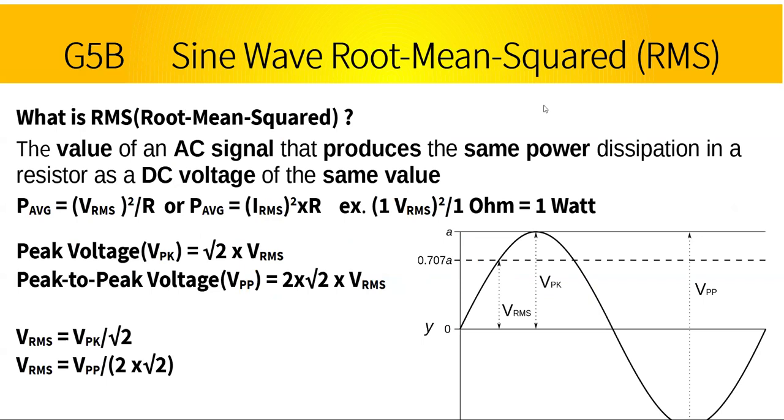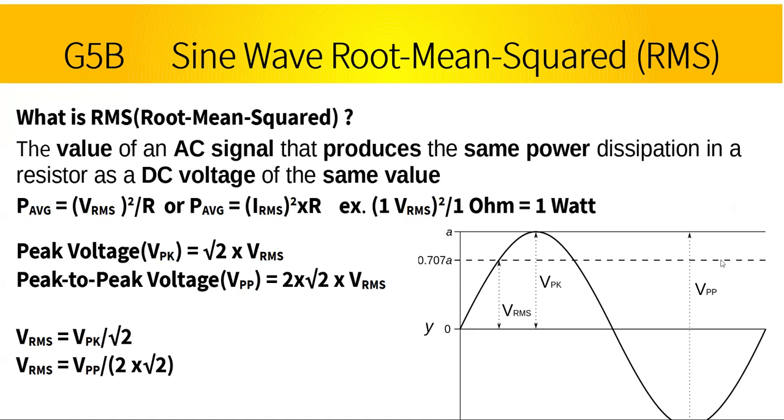RMS. Everybody know what RMS is? Well, it's easy to say. What is it? It's the square root of the mean squared. So essentially what they're doing, if you look at this little sine wave diagram, and you see the dotted line, which is what the RMS value is, they're basically flipping the negative cycle up.